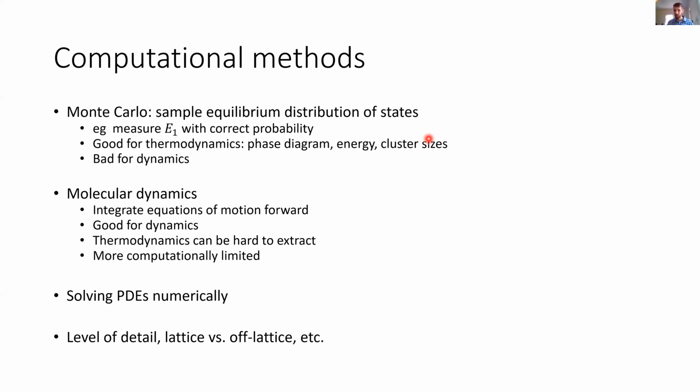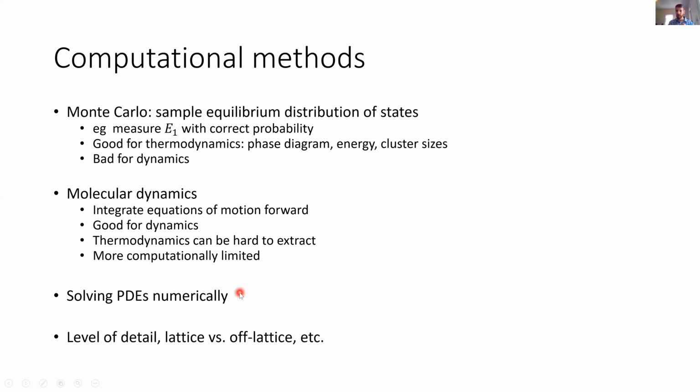On the other hand, there's a whole field of molecular dynamics where you really write down the equations of motion, which come from Newton, and then you solve them, you just integrate them forward and you see how the system evolved. So this is great for dynamics because it's just simulating the dynamics directly, but it can be trickier to extract thermodynamics, and you tend to be more computationally limited because you have to worry about how every single protein is experiencing every other protein all at the same time.